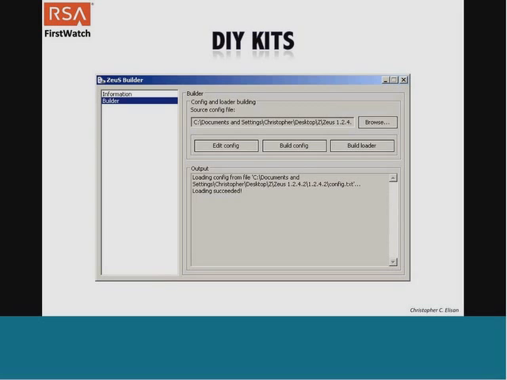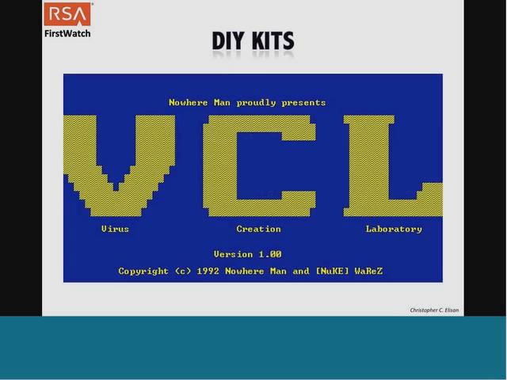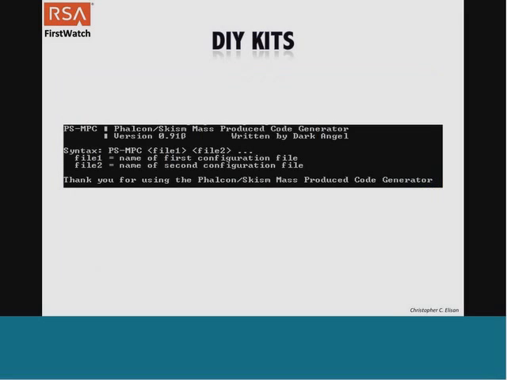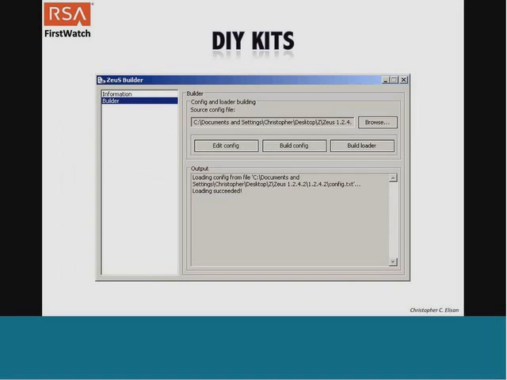But the kits today are more geared towards cybercrime. Another difference that you need to take away from this presentation is that the DIY kits before, like VCL and PS-MPC, only produce a finite amount of malware samples. But the kits of today, like SpyEye and Zeus, can virtually create an infinite amount of malware samples.